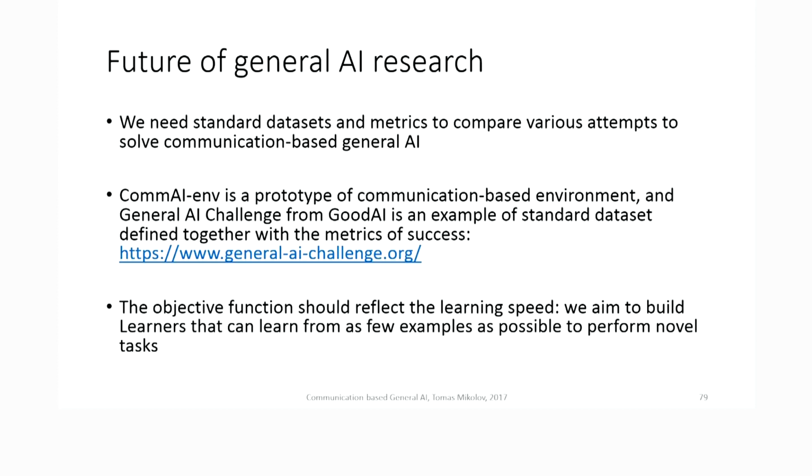And of course, the objective function is not just to solve these tasks, but to solve them quickly, so the objective is really about being able to learn quickly, from a small number of training examples. We don't aim for generalization in that sense.